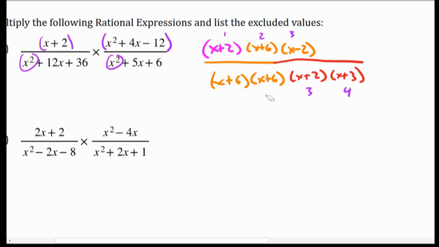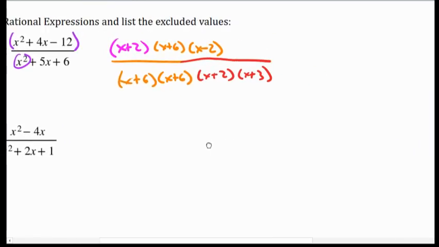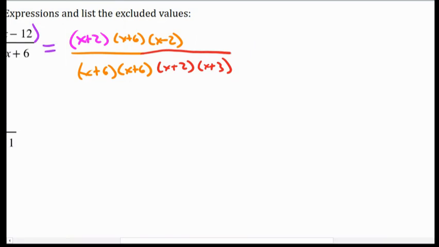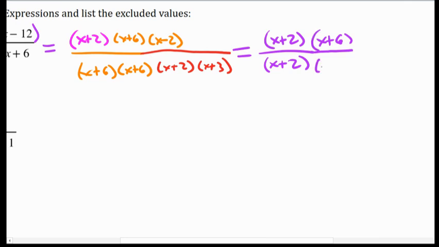What we need to do now is, I personally like to rearrange them to show the giant one principle. So we'll rewrite this here in purple. I'm going to put anything that matches itself on top of each other, right? So I have an x plus 2 over an x plus 2, and an x plus 6 over an x plus 6.